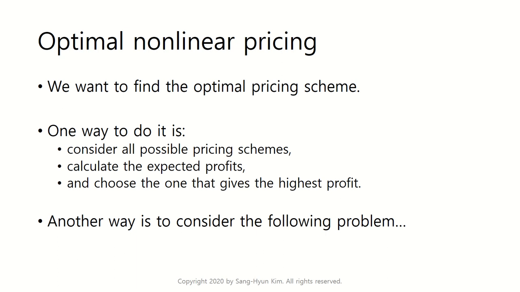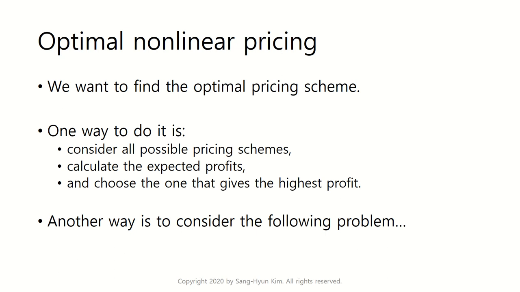But the unit price doesn't have to be constant. Maybe you can think of a very fluctuating total payment. You can think of all crazy types of pricing schemes, but what we want to do is find the optimal pricing scheme among all possible ones, which is not an easy task.